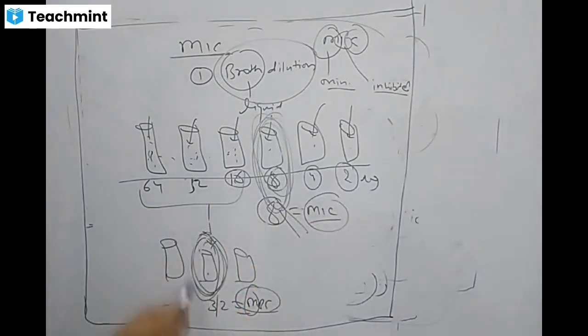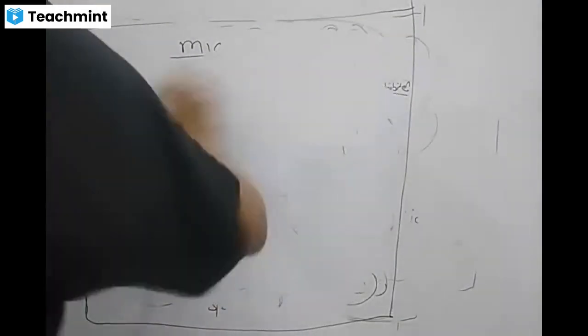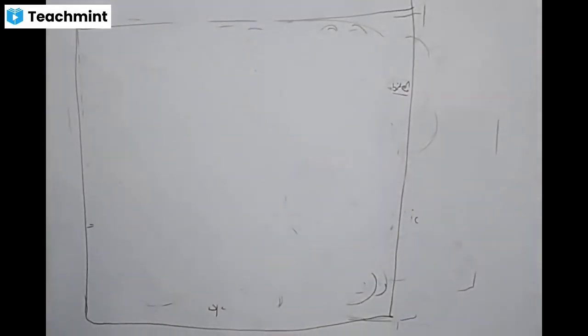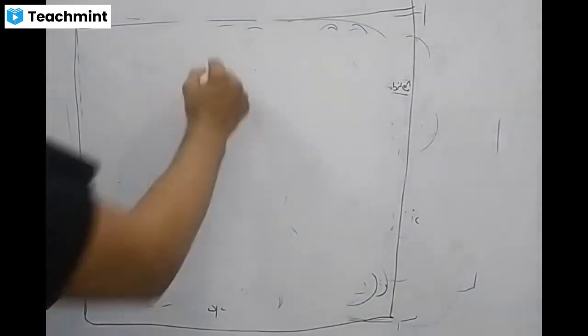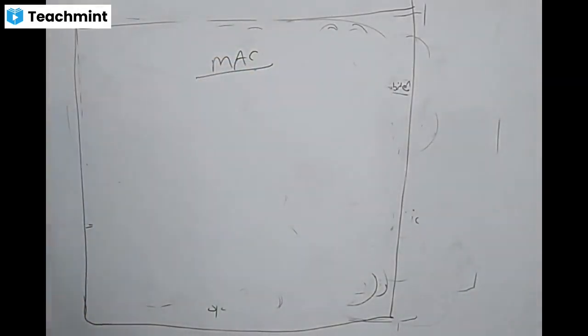If there is death of bacteria, it is MBC, minimum bactericidal concentration. One more term is MAC, that is minimum antibiotic concentration. This term is also related to the inhibition of growth.